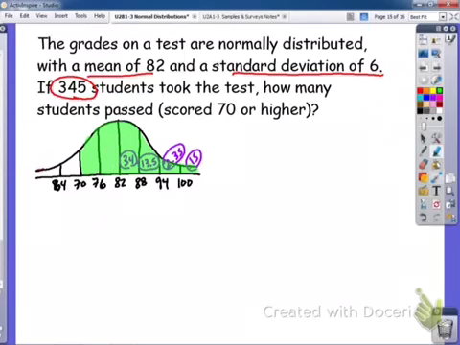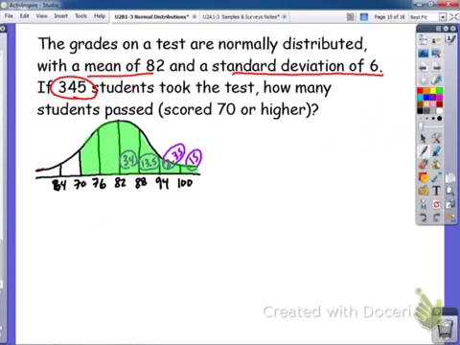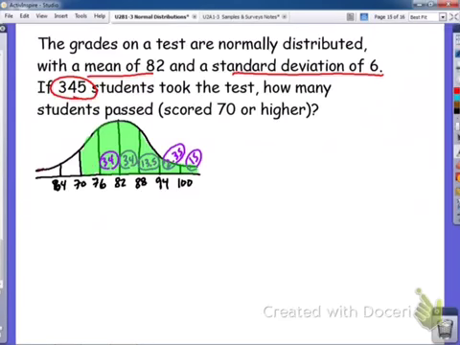Okay, so all I need to do is just include this 34% right here and this 13.5% right here. Add all these numbers up and I have my percentage. So 13.5, 34, 34, 13.5, 2.35, and 0.15. Add those up. Somebody with the magic calculator, what'd you get? 97.5.